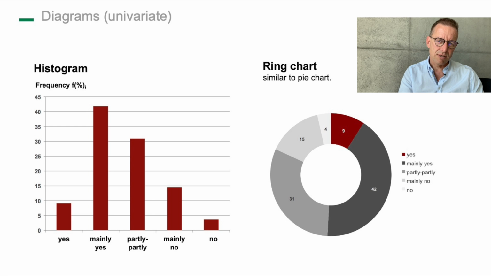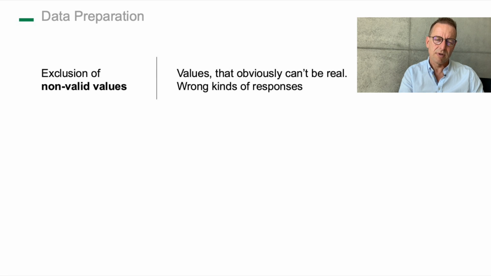The first thing is that you have to prepare your data, right? Some fundamental steps for preparing your data: you exclude non-valid values. That's one point. So I would like to share with you a little checklist that you can work on when you prepare your data.